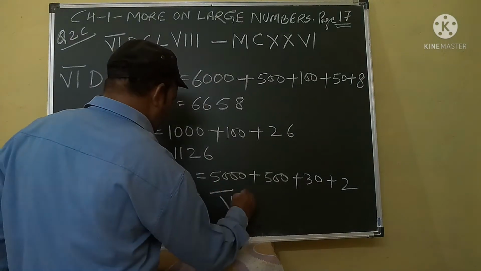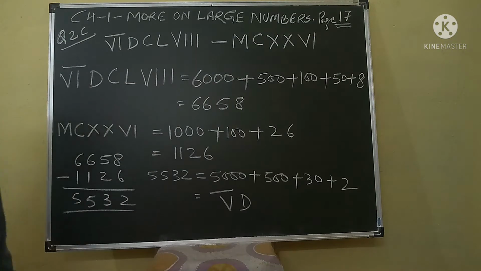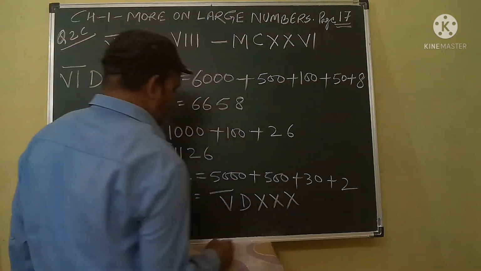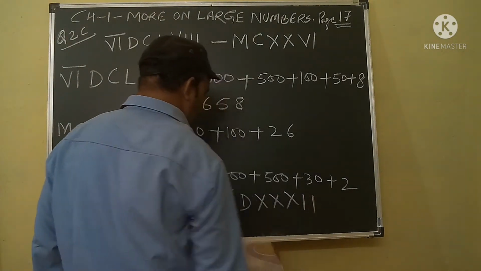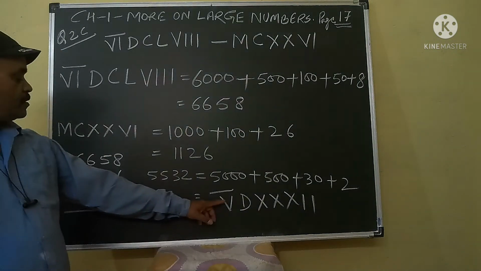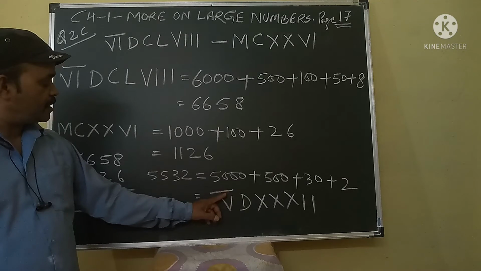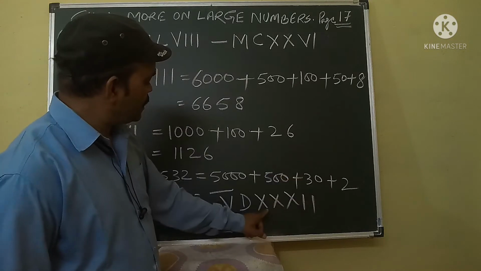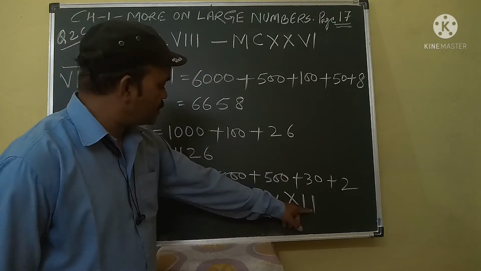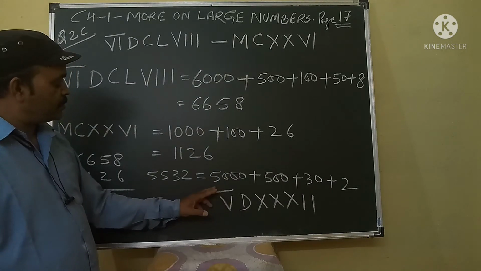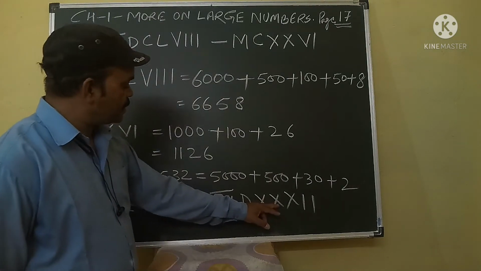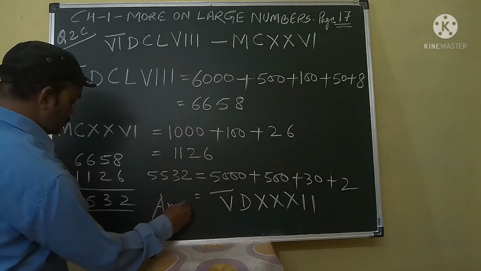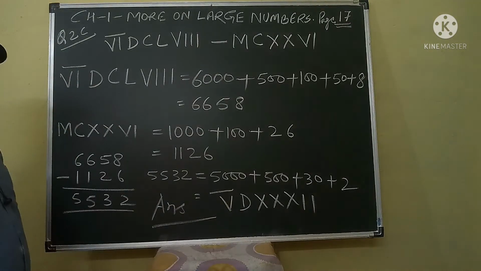D is the symbol of 500. 30 means XXX, and 2 means II. So the answer is V with a line above it, D, X, X, X, I, I. This is your required answer for your required question.